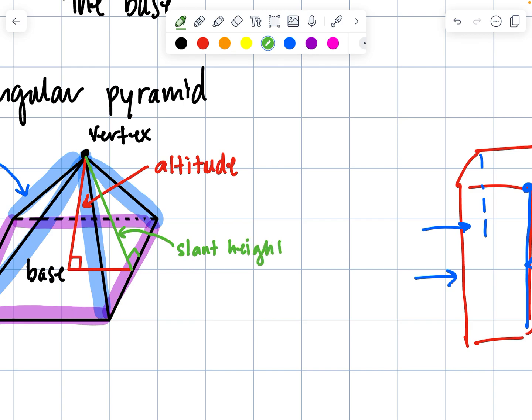So slant height: it goes from the vertex, is perpendicular to the base edge, and connects the base edge to the vertex.